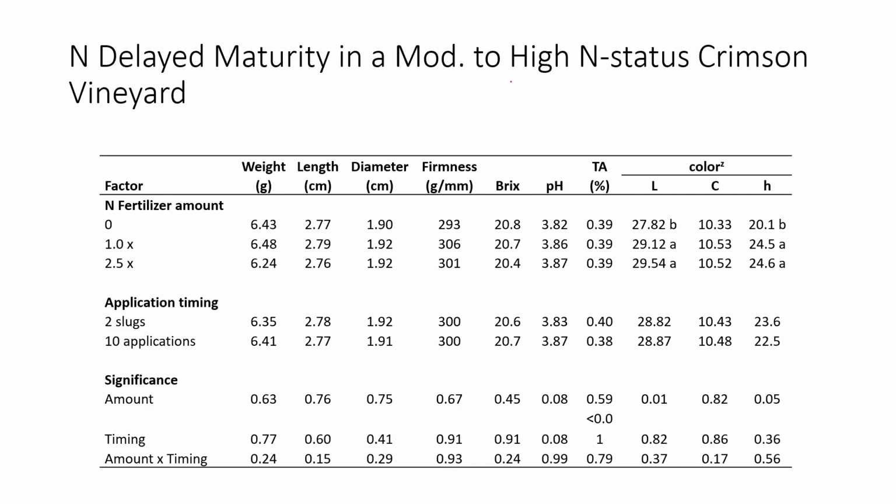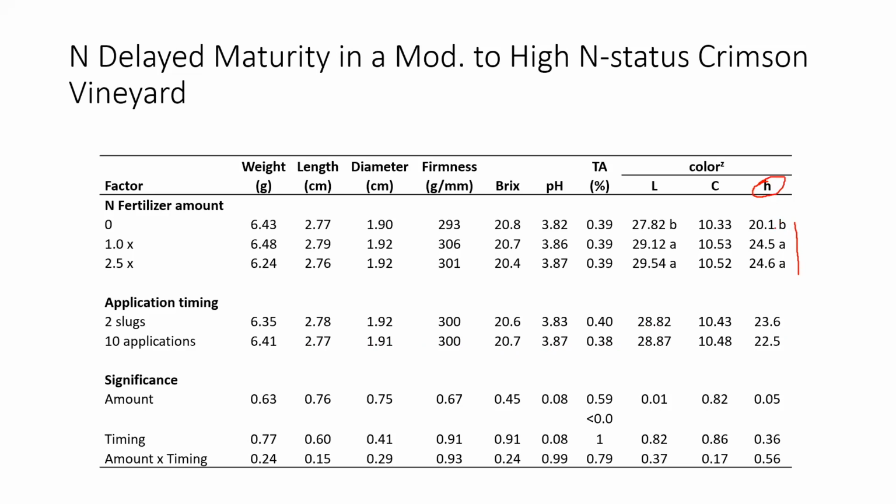We collected similar data in another high N status vineyard, this time Crimson Seedless. And the story is pretty similar to Flame Seedless. There is no benefit of fertilizing with respect to fruit size or most aspects of fruit composition. We did see some changes in berry color related to fertilization rate. So this variable here, H, that's the hue of the fruit.